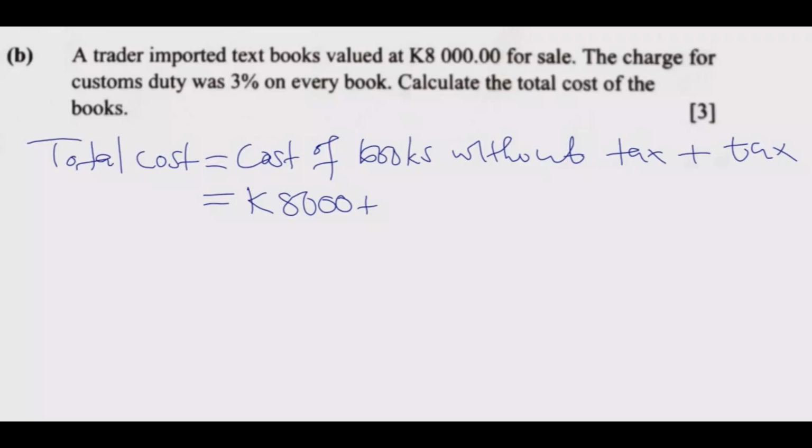Since the trader spent 8,000 to buy books, we are going to come up with a formula for the tax as 8,000 kwacha times the tax percentage, which was 3%.